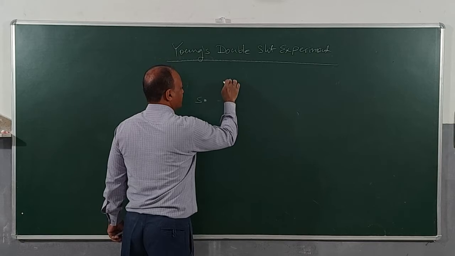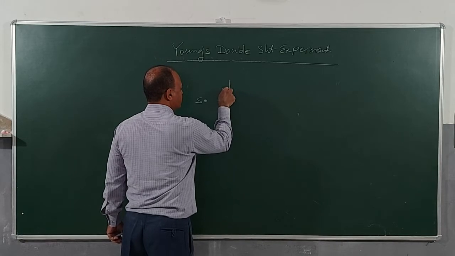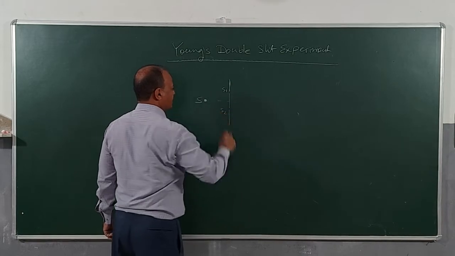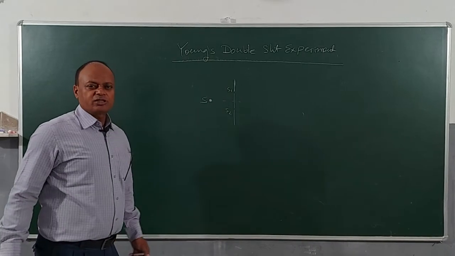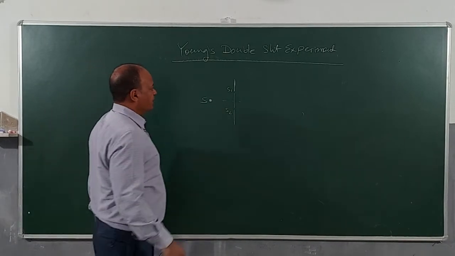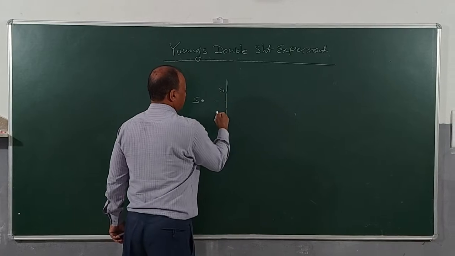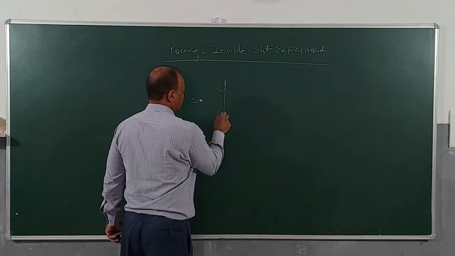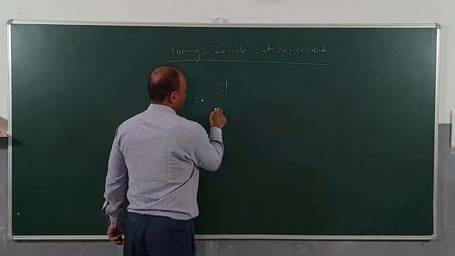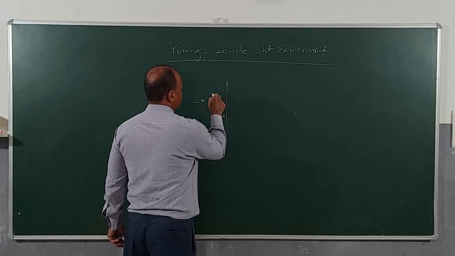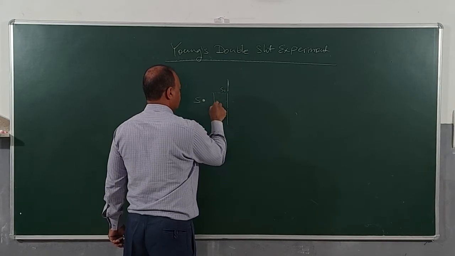And obviously, you understand by now why I am placing slits, because these two slits S1 and S2 will act as what sources? Coherent sources. Clear? And I am going to assume, I will write it a little bit down here so that I can show the distance properly, that the distance between the two slits is d, small d.